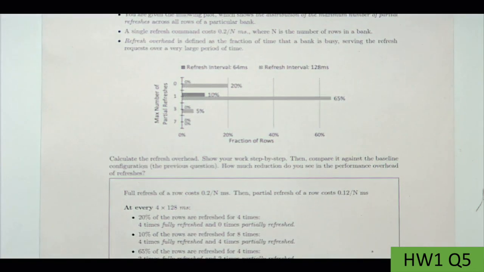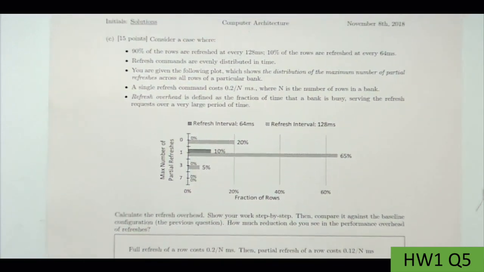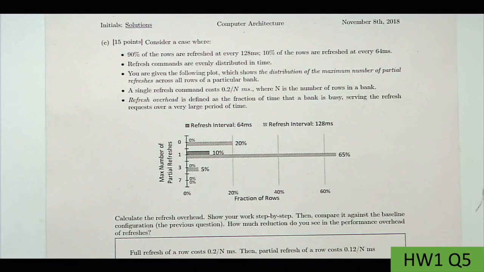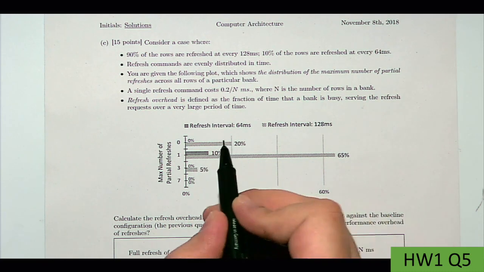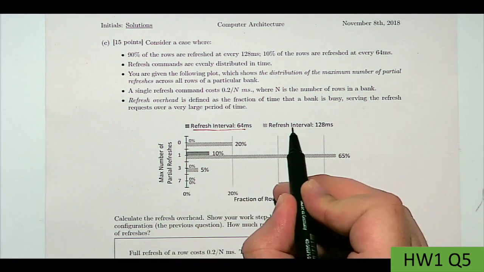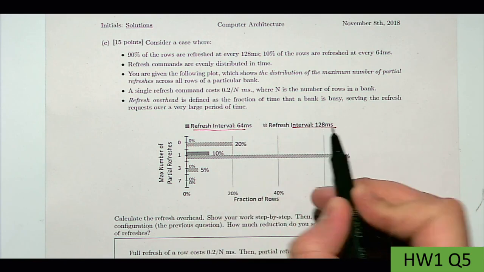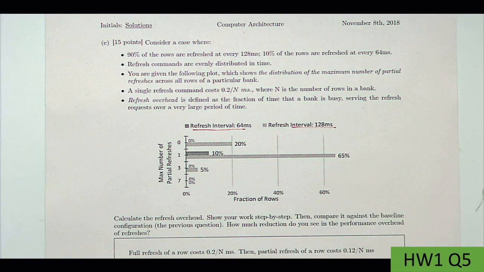And the last part of the question is here. So here we are merging these: on top of the baseline, we want to add partial refreshes. And in the partial refreshes, we have another plot here. So here we have two refresh intervals, one for 64 milliseconds, the other one for 128 milliseconds.